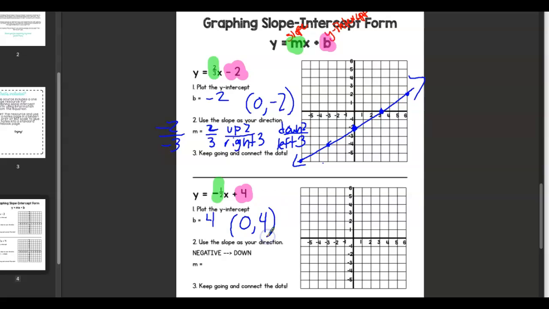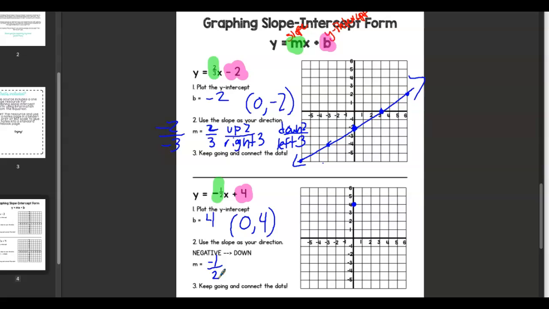So we plot that point. Go up 4. What's your slope? Carter, what's your slope? Negative 1/2. Okay, you could put the negative on top, or you could put the negative on bottom, but you only have one negative sign, therefore it can either go on top or bottom.